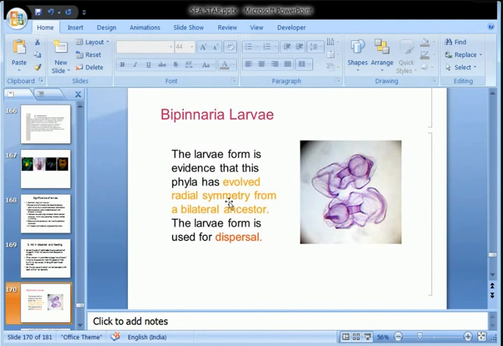The larvae form is evidence that this phyla has evolved radial symmetry from a bilaterally symmetrical ancestor. Right? If you recall from the classification scheme, we have at very early stage these bilaterally symmetrical phyla. ठीक है, उससे पहले रेडियल सिमेट्री आती है, किस फाइलम में आती है, यू सर्च दैट. ठीक है ना, क्योंकि आप और अर्ली फाइला भी पढ़ रहे हैं, you must be knowing about that.